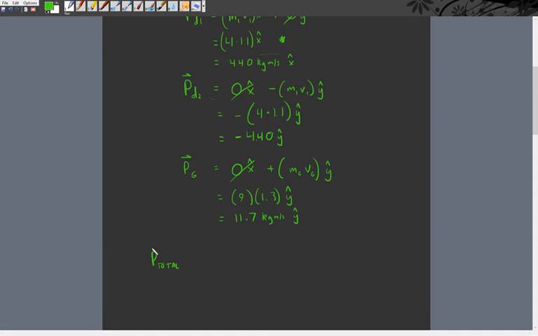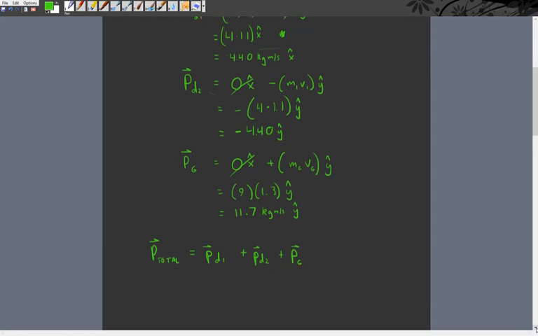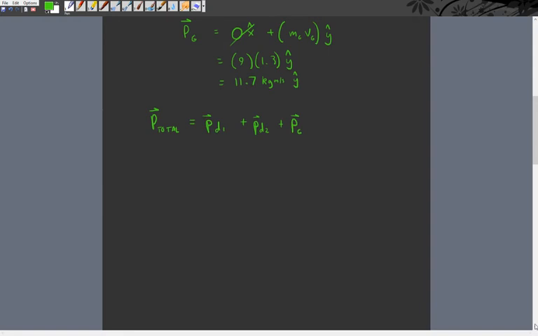We have to add them as vectors. So we're going to add the vector momentum for duck 1 plus the vector momentum for duck 2 plus the vector momentum for the goose. Okay? And the unit notation form is actually going to be really useful for this, and I'm going to show you how this works.